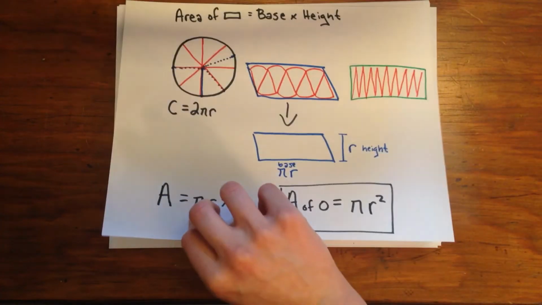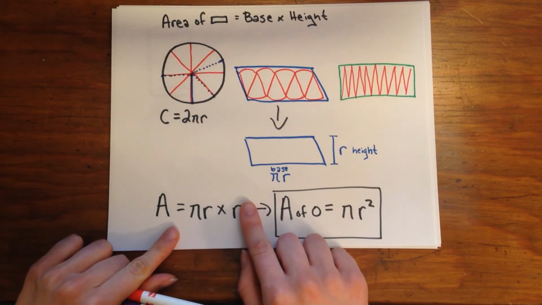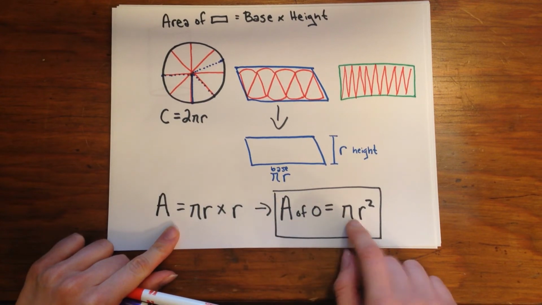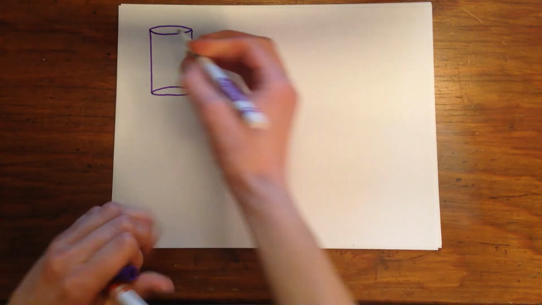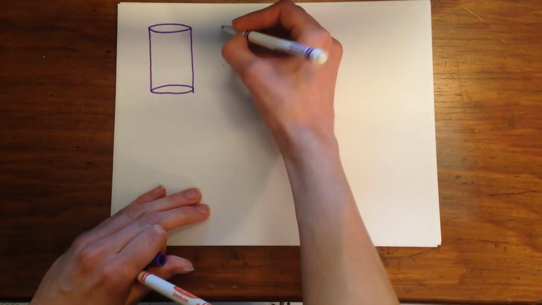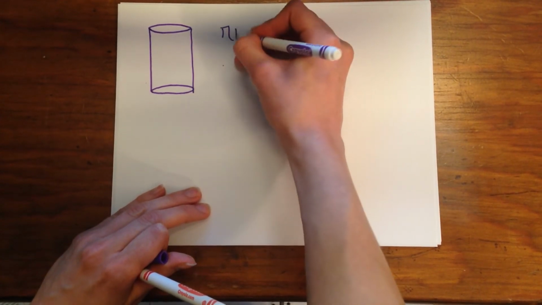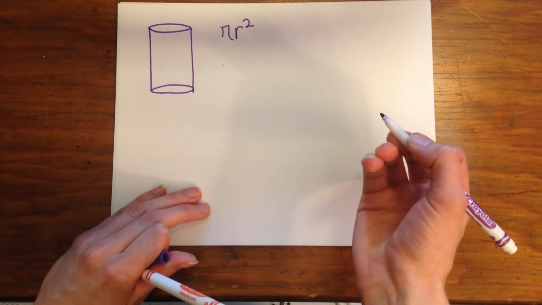Well, we know from our last video that when we're finding the area of a circle, we use pi r squared, okay? So we know that to find this top part here, we've got pi r squared.